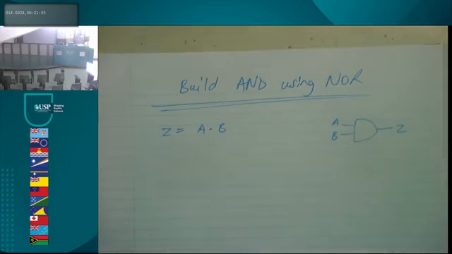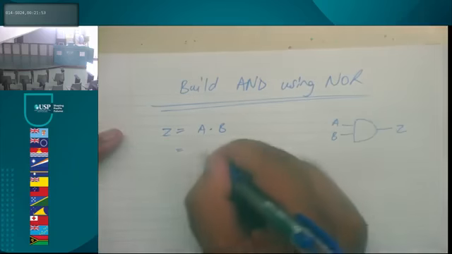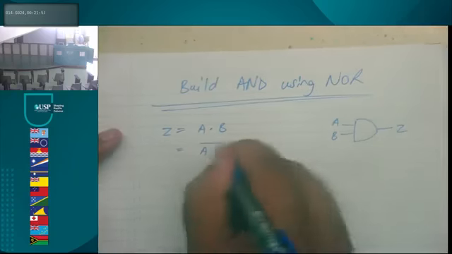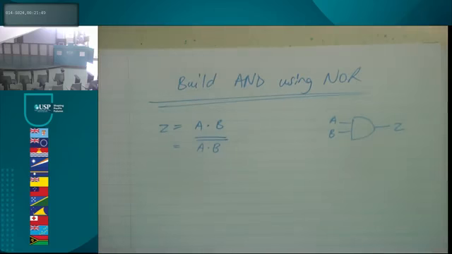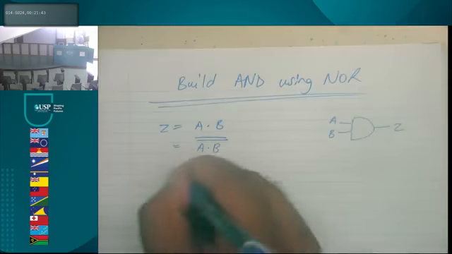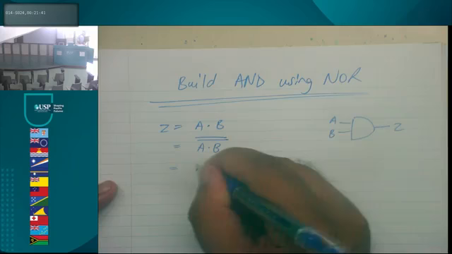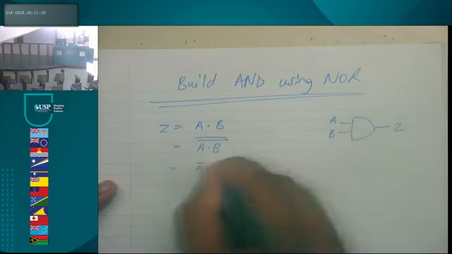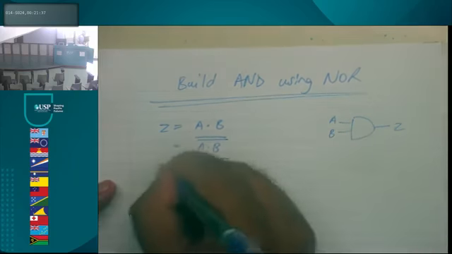Now from a Boolean algebra point of view, if you put a double bar, due to involution, it doesn't change anything. Now using De Morgan's theorem, we break the lower bar and you change the sign.